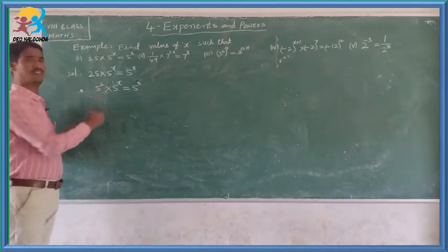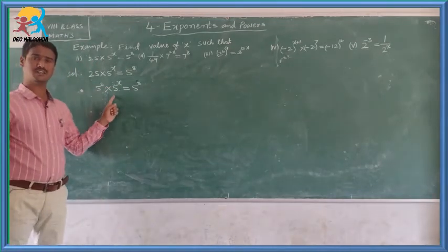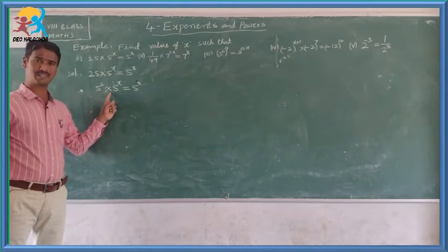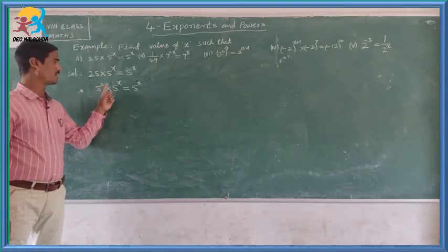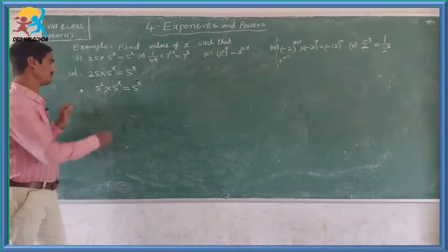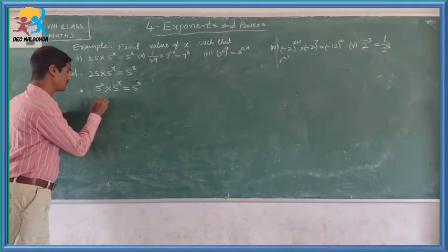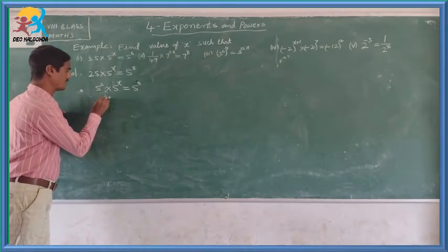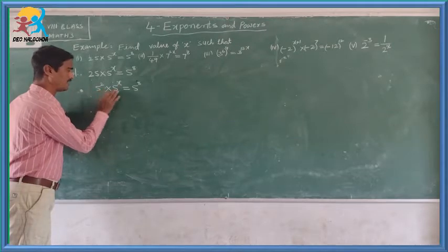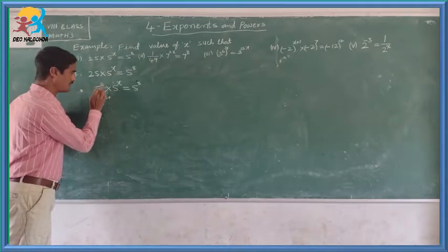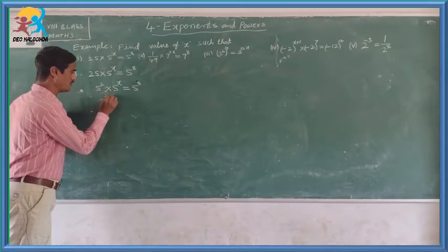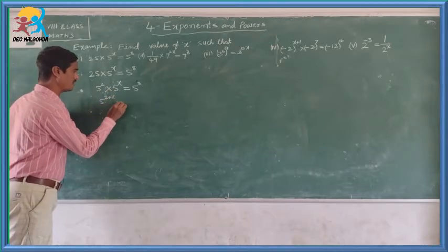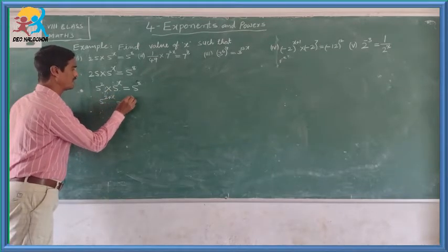Then we know that when two powers with the same bases are multiplied, the exponents should be added. So 5 power 2 plus x is equal to 5 power 8.